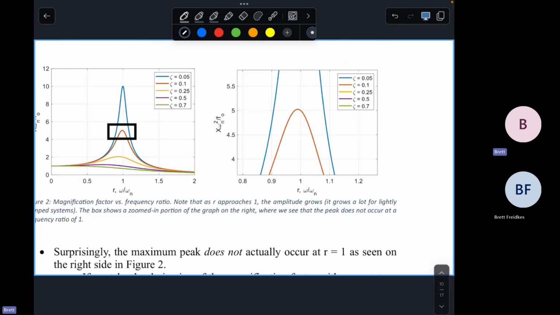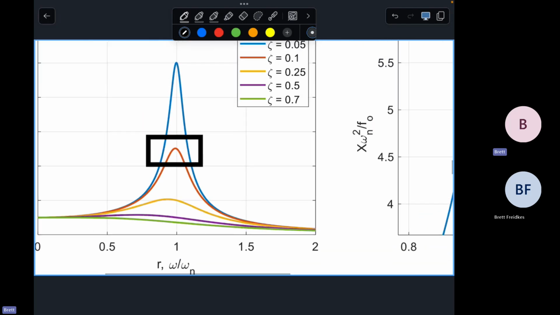If you're looking at this graph, for example, we can ignore this box for a second. Reminder that Q is equal to 1 over 2 zeta. Which graph has the highest Q? The 0.05 one, this one.